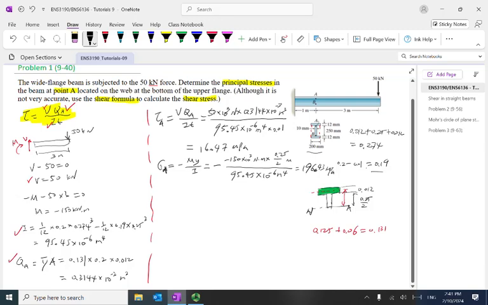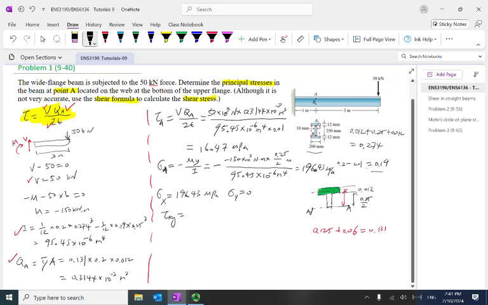We work out because sigma A, this value is positive. So that's why I can write down sigma x is equal to 196.43 megapascal. Sigma y, no sigma here, is 0. Tau xy is equal to here.